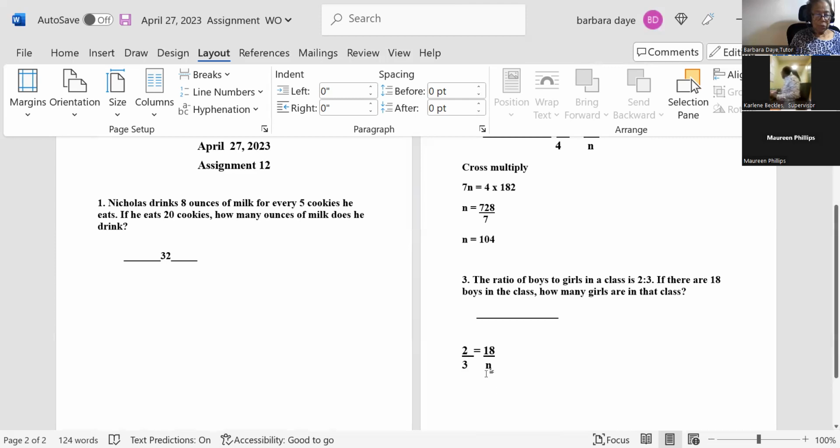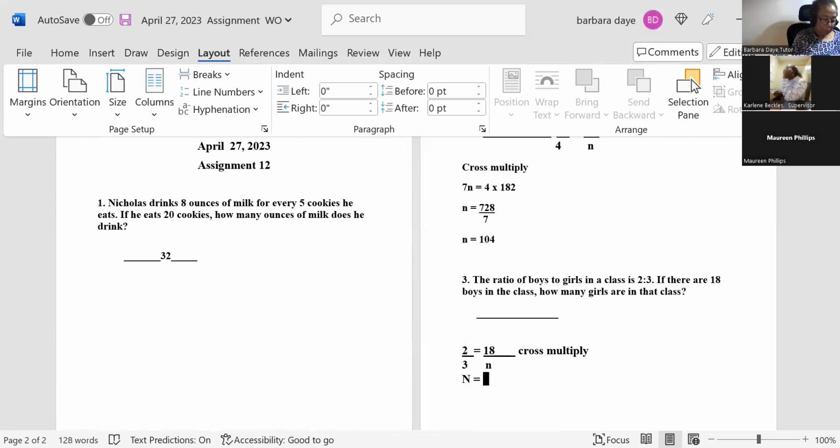When you cross multiply, that would be 2n equals 54.